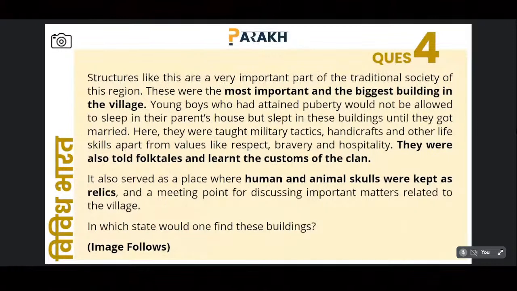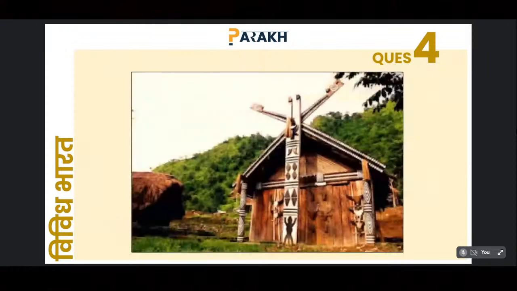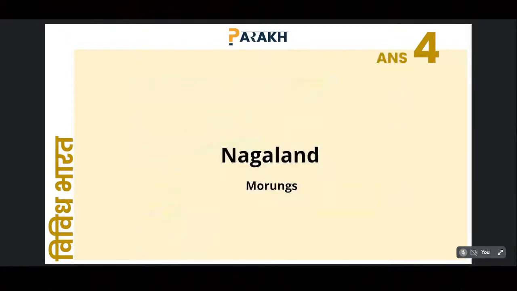If you look closely at the pattern in the image, you could have guessed the state very easily. Yeah, it's Nagaland, and these structures are known as murangs. It is basically the bachelor's dormitory in Nagaland.